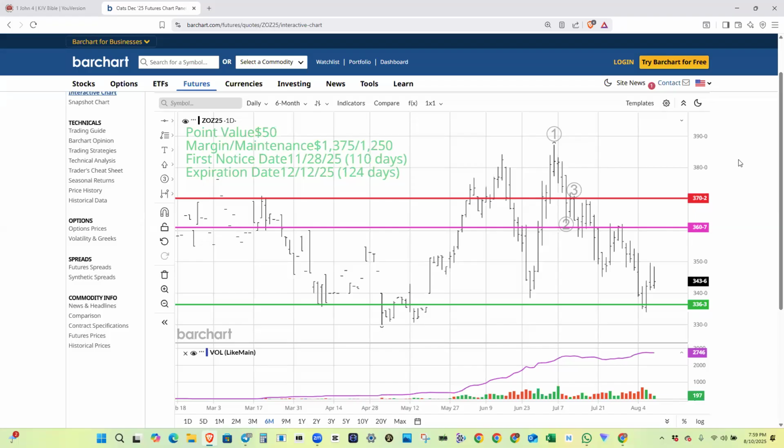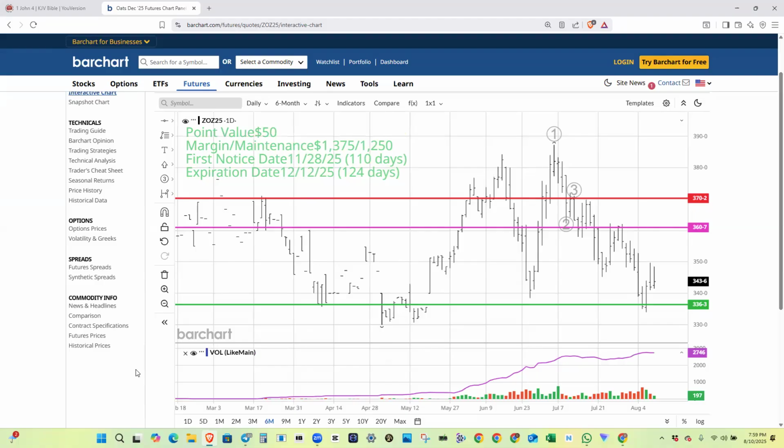Every one of those points represents a certain value on that entire amount of oats that you're selling or buying, because there's a lot of leverage going on here.